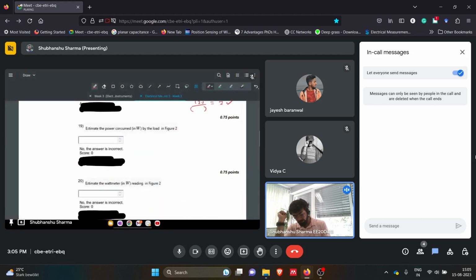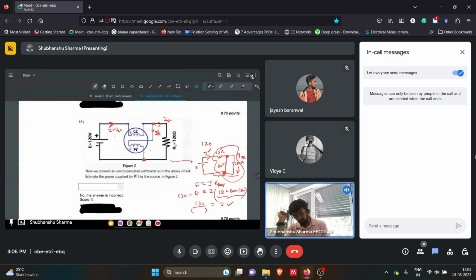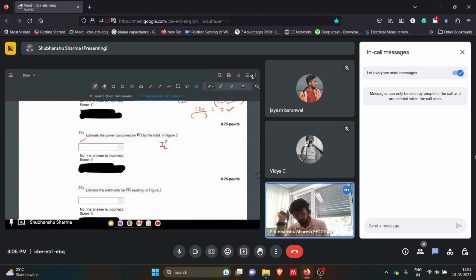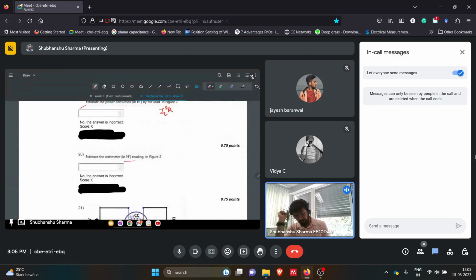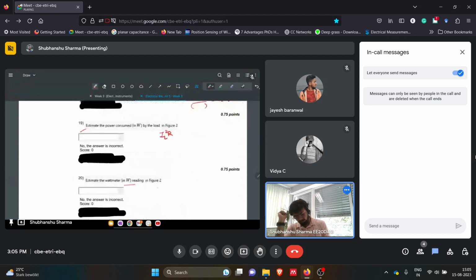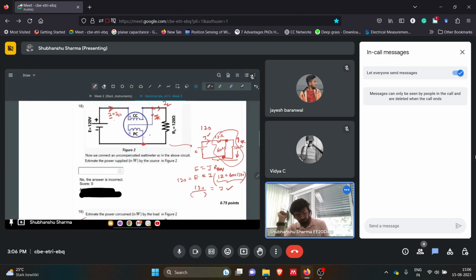Again, they are asking for the estimated power consumed by the load. In this case IL is the current, so it will be IL square R. And estimate the wattmeter reading: the power in the wattmeter will be VL, that is VPC, into ICC. In this case ICC is I, the source current, and the pressure coil voltage is the load voltage.